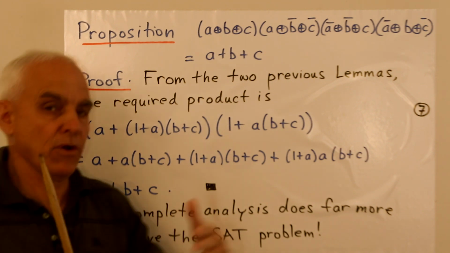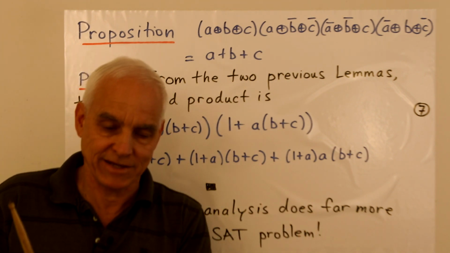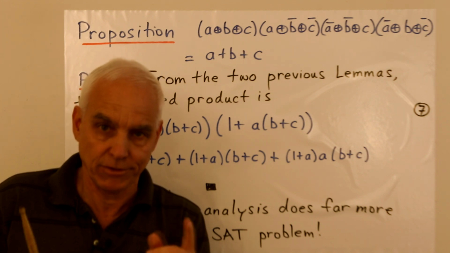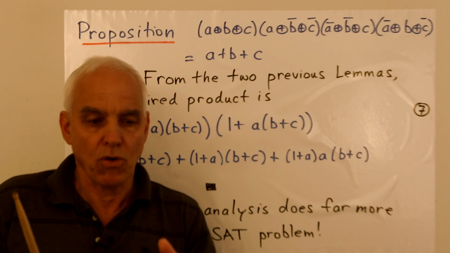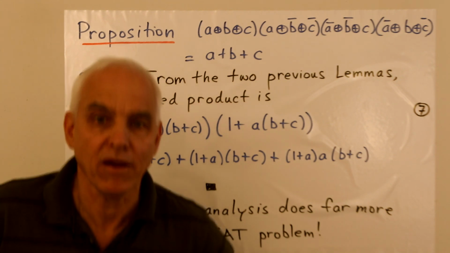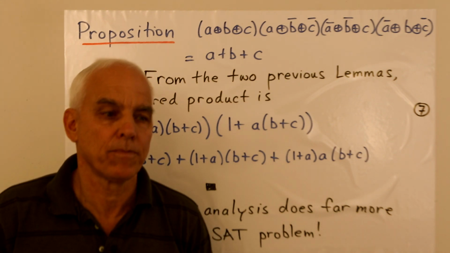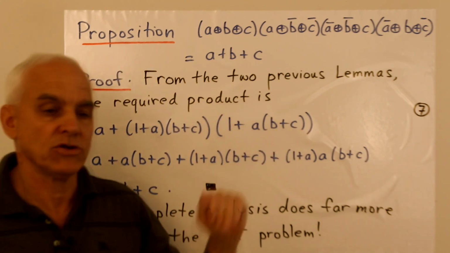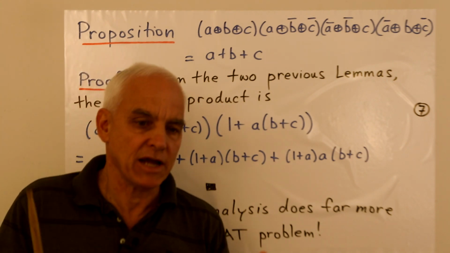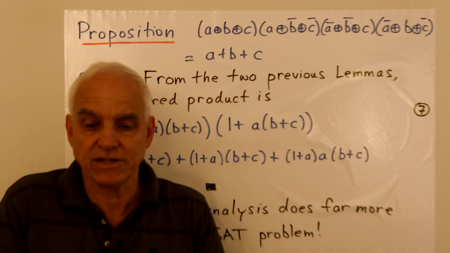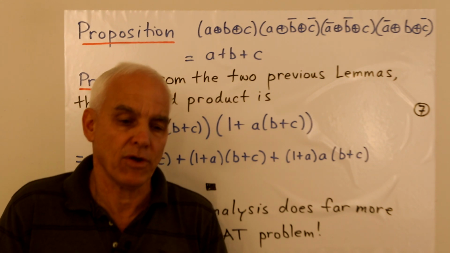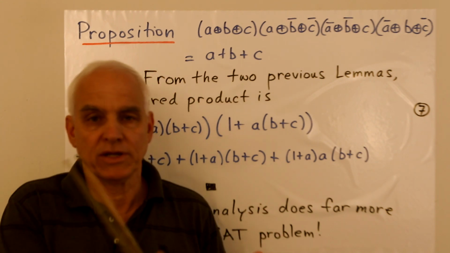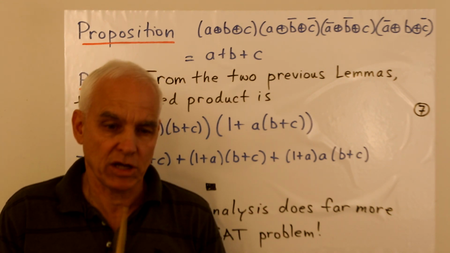So this is a more complete analysis. We're going much further than the SAT problem asks us to. The SAT problem just asks us, is it 0 or not? We're going further. We're demonstrating exactly what it is in the algebra of Boole. Now, in this case, it's not hard to do. And even in a medium-sized problem where you maybe have a dozen variables and clauses and so on, your computer can still deal with this pretty efficiently.